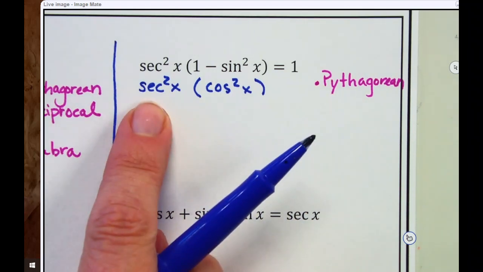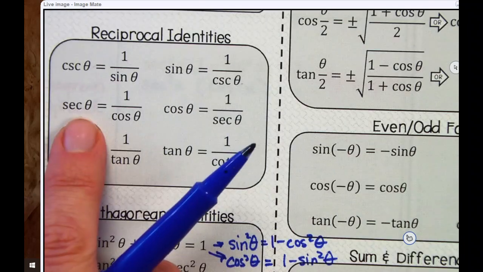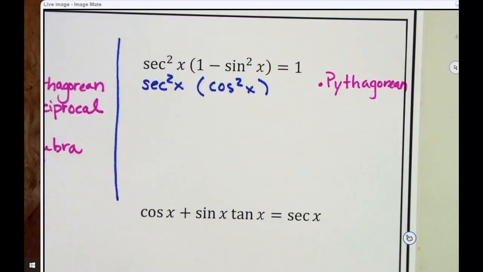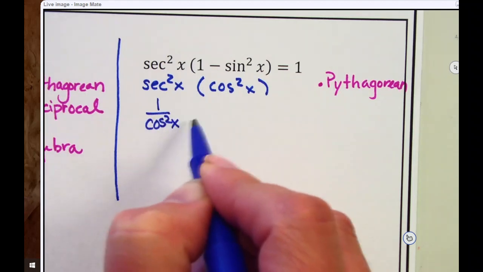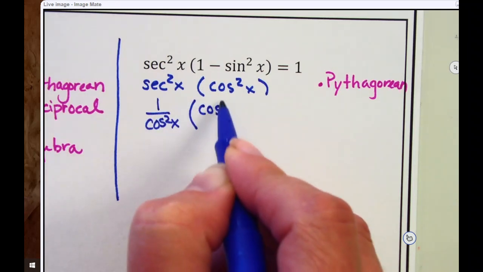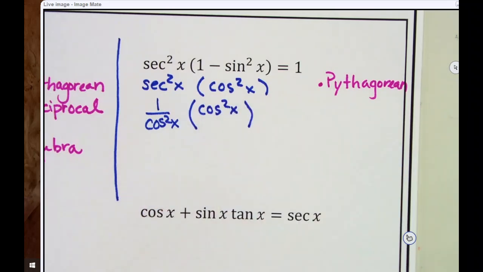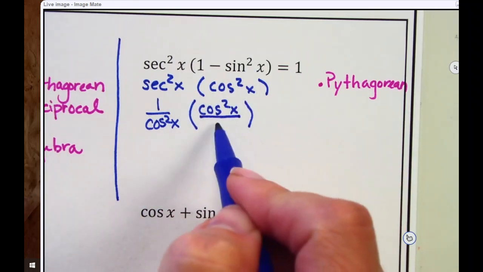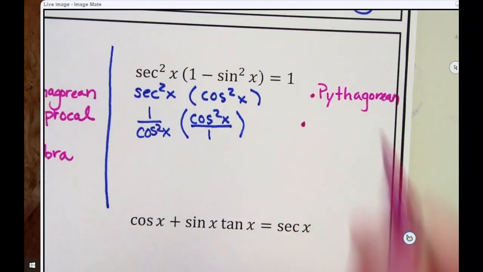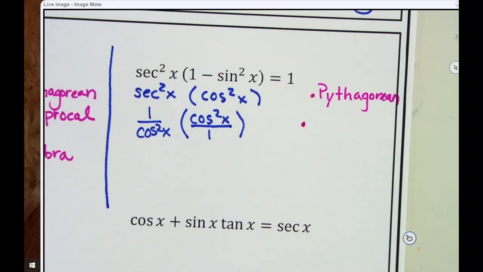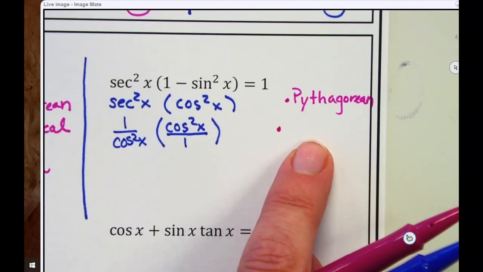Secant squared, how can I rewrite that one? Secant is 1 over cosine, perfect. So 1 over cosine squared x times cosine squared x. Now I know it feels like we could have done those at the same time, and yes, we sure could, but I can't justify them with the same reasoning. So we've got to do them one step at a time.